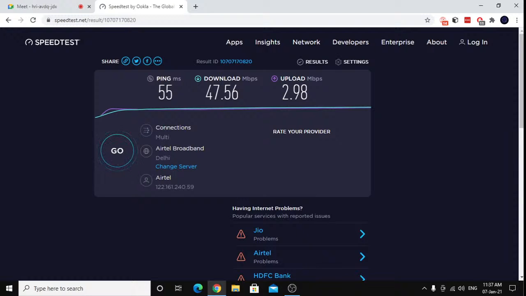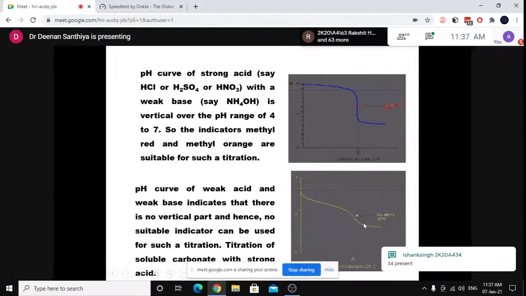So can you see my slide? Yes, ma'am. Okay, when you come to the weak acid, weak base, this type of wavy graph will be there.